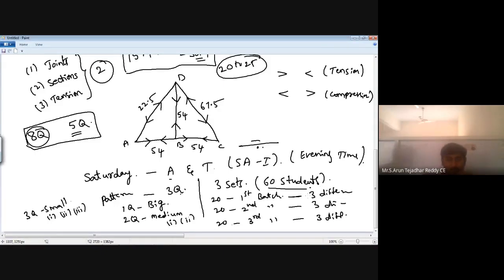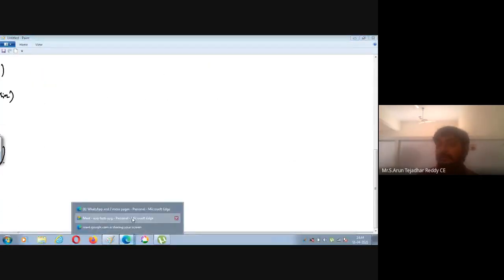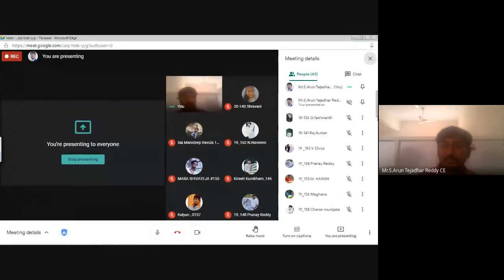It means totally 3 different sets. So this is our question paper pattern and the sets, and this is our first unit. So the first unit is completed.